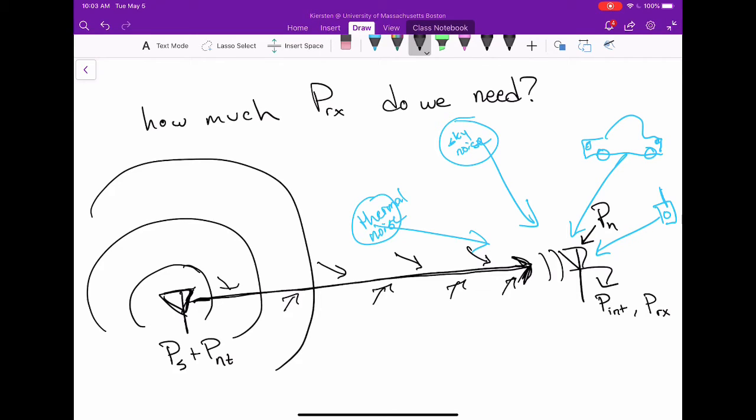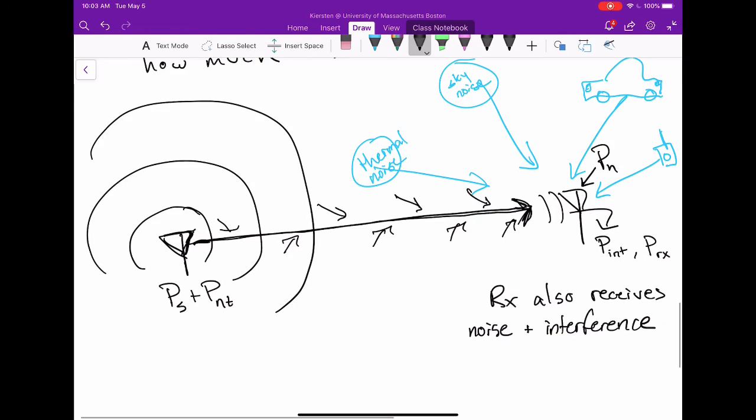What's happening is the receiver is receiving this signal, but the receiver also receives noise and interference from its surroundings. Literally anything can be a noise source, but some things are more prominent noise sources than others.